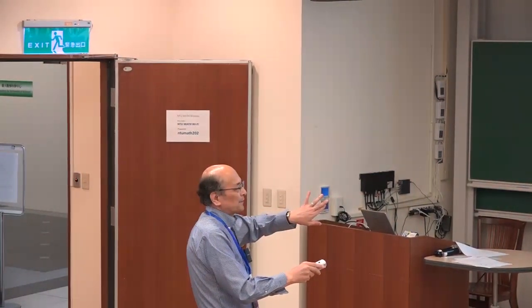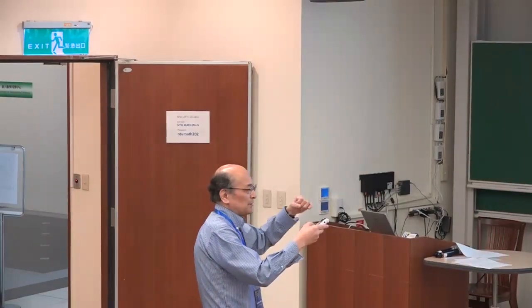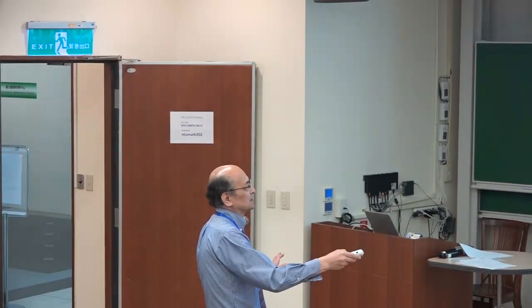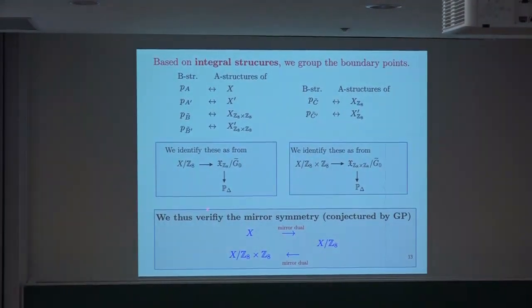So this structure we can read off locally, near the boundary point. And then analytic continuation. So I grouped this one and this one. And then the claim is that this one is the same integral structure.